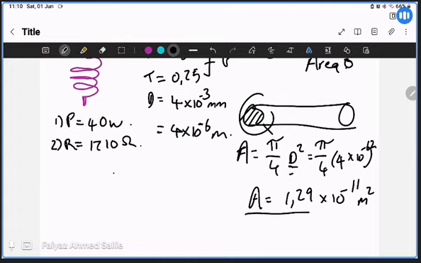That is our area. So it is equal to 1.29 times 10 to the minus 11 meters squared.